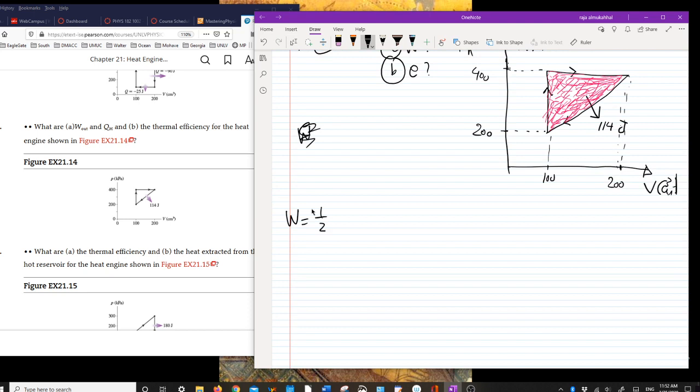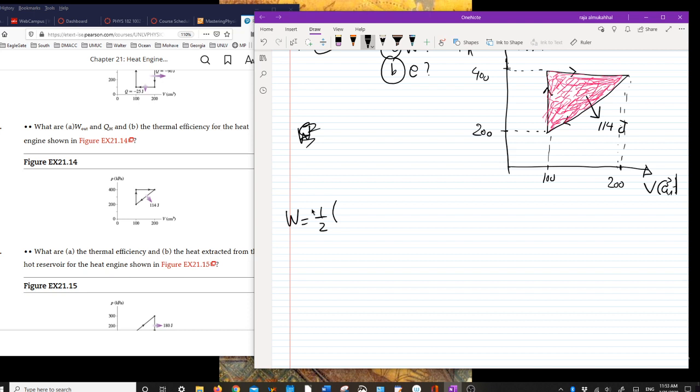What's the base? The base is basically the length of the isobaric process, this one here. Am I right? Yes. So that's going to be from 200, I'm sorry, 200 minus 100.